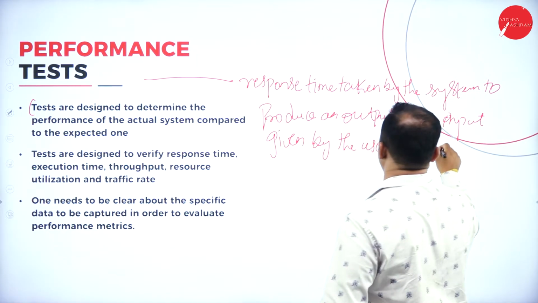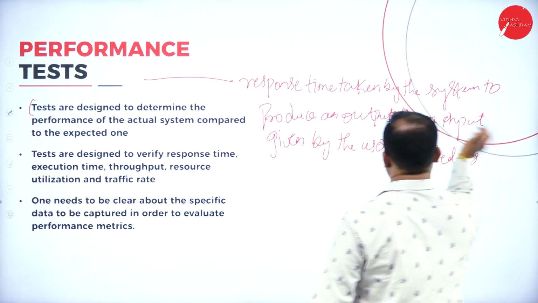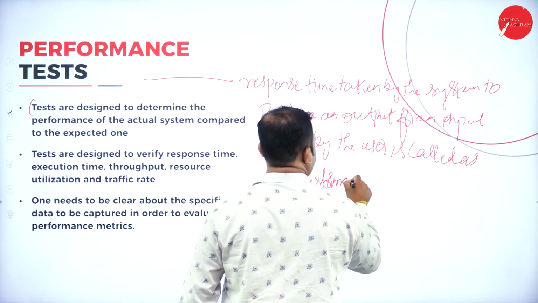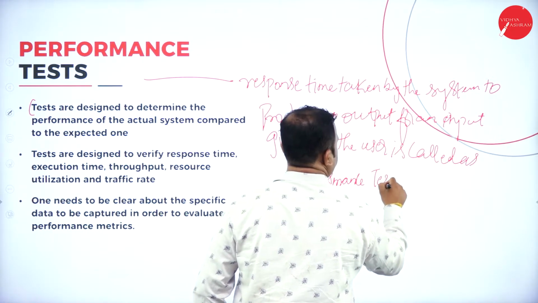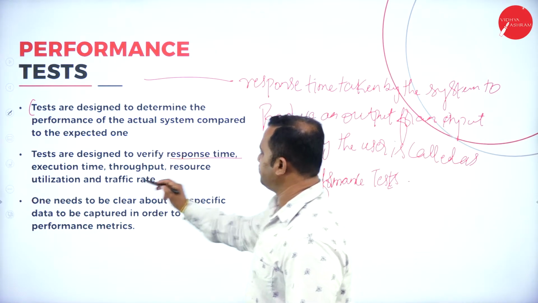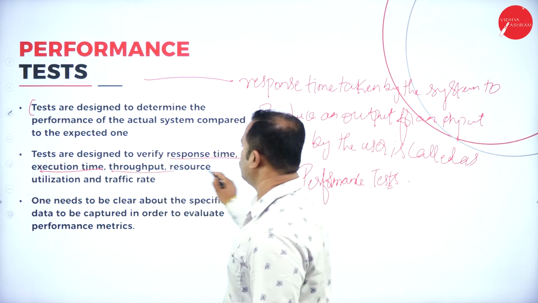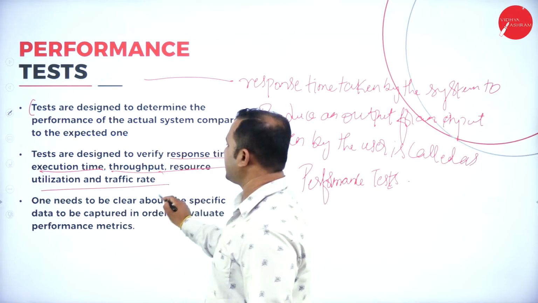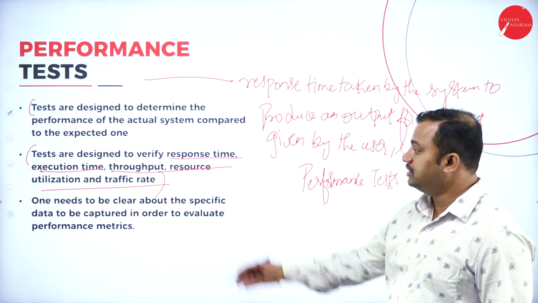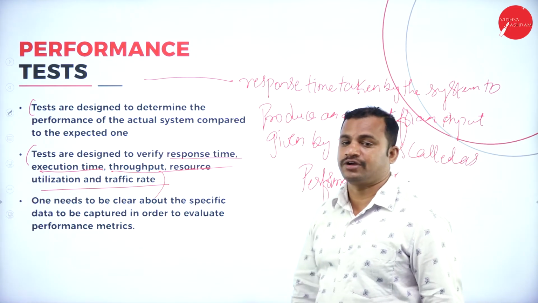That is called a performance test. That means the response time, execution time, throughput, resource utilization and traffic rate, all these are certain types of performance criteria that measure the performance of a software.